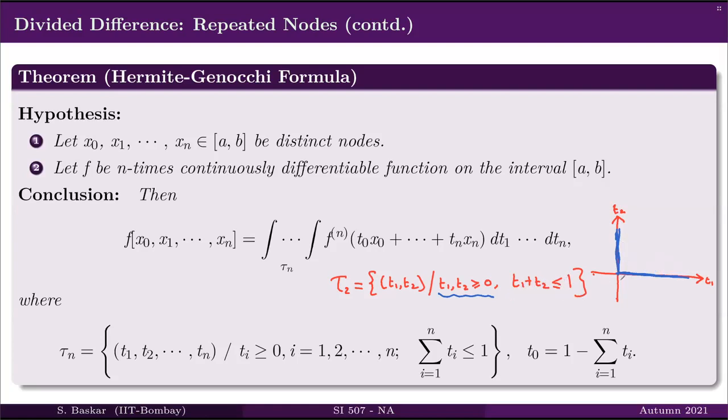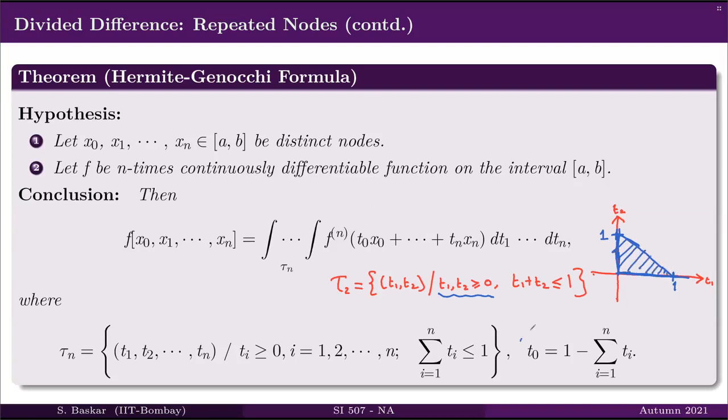What it means is, when t1 is equal to 0, then t2 should be 1, and when t2 is 0, then t1 should be 1. In between, they should be in such a way that their sum is less than or equal to 1. So you can write t2 less than or equal to 1 minus t1, and that will define this set which is bounded by these 3 lines.